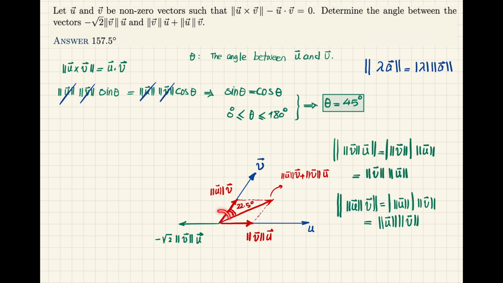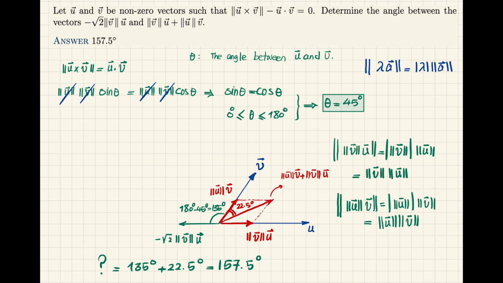So the angle between these two vectors is this. But of course, if I ask you how much this angle is, it is 180 degrees minus 45 degrees, which is 135 degrees. So now if I ask you what is the angle here from this vector to this vector, I need to add these two numbers. So the question mark that we are looking for is 135 degrees plus 22.5 degrees. So this becomes 157.5 degrees. Yes?